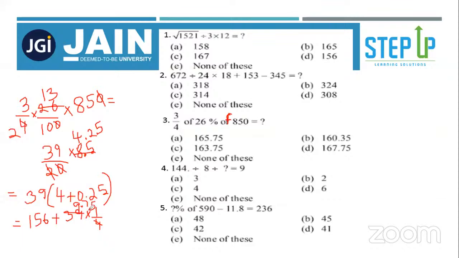Okay, 9.75. So 9, 4, 36. 3s are 12, 13, 14, 15. Plus 9.75.